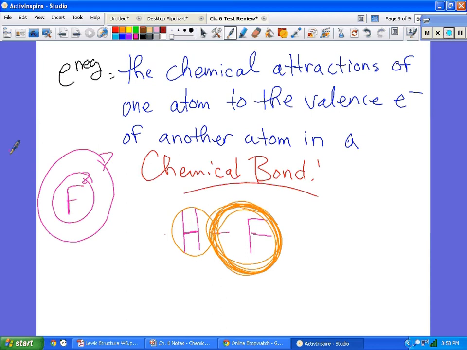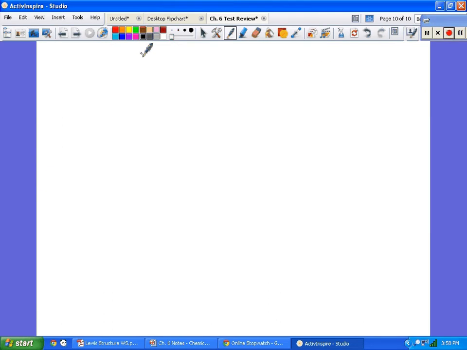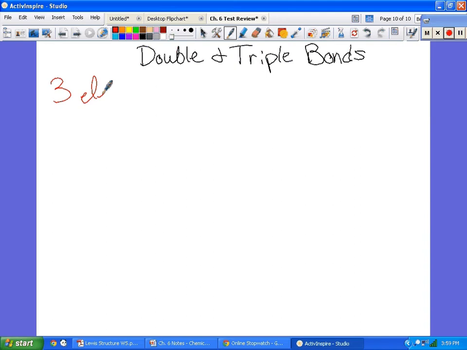Know what elements can potentially make double and triple bonds. And it has a sub-bullet of compare double and triple bond strengths and length to single bonds. All right? So, there are only 3 elements that can make them. Does anybody know what those 3 are?